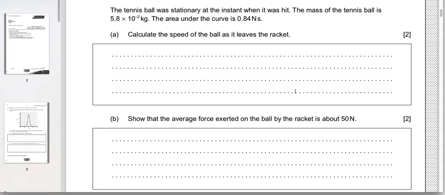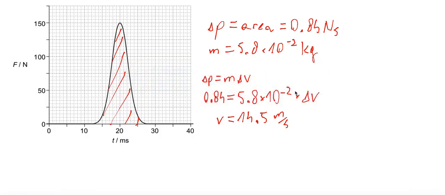Okay, it was easy. Next, the average force exerted is 50 newtons. Force is related to change of momentum by Newton's second law: delta p over t is force. Of course, we know the time. It starts at around 12.5 and ends at approximately 27.5, so the time of the collision is 15 milliseconds.